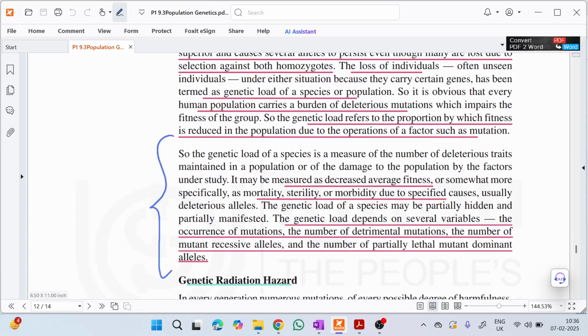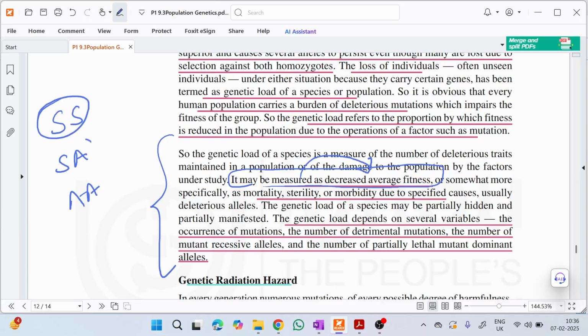Then the third paragraph: how to measure the genetic load. It is measured as decreased average fitness. Let's say these are the three kids, with three different genetic compositions, and now we know that this particular individual will not survive.